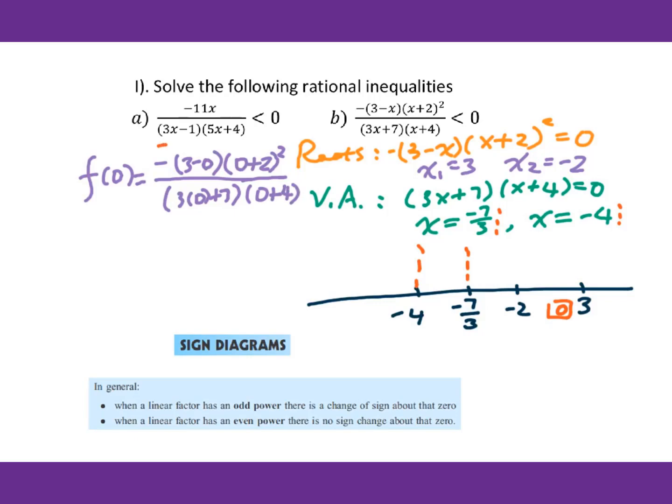Here's a negative sign, 3 minus 0 is positive. 0 plus 2 squared is positive. 3 times 0 plus 7 is positive. 0 plus 4 is positive, which means f of 0 is a negative number. So the interval including 0, we will put a negative sign here.